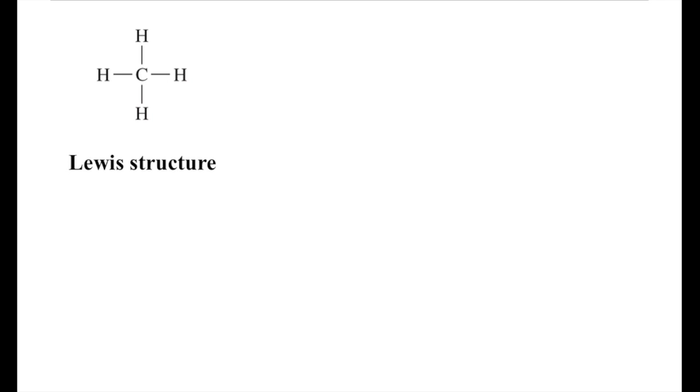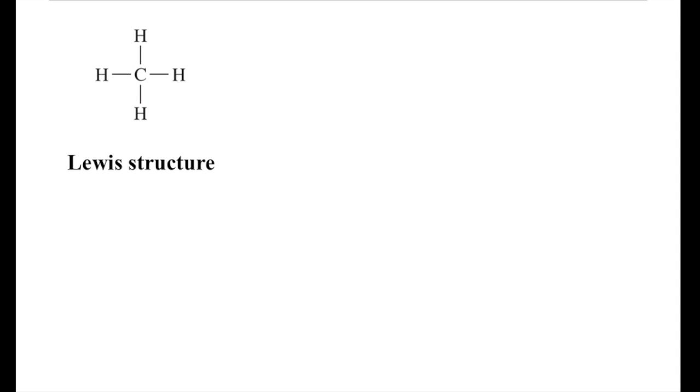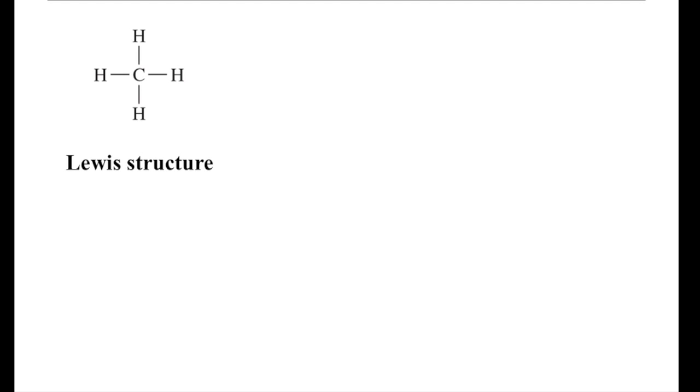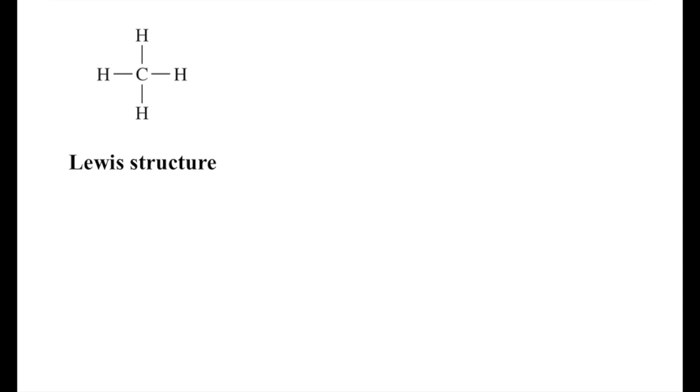So a Lewis structure, although it was very convenient and useful for us, fails to depict the molecule fully. For example, in this Lewis structure of methane, or CH4, it is depicted as a very flat molecule with a carbon in the center and hydrogens equally spaced out in 90 degrees angle.